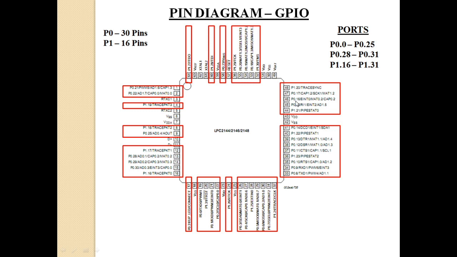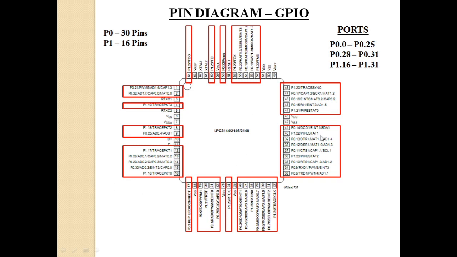Each pin is given multiple functionality. So actual pin number 46 can be configured as general purpose input pin P0.16, or external interrupt pin 0, or match pin 2, or capture pin 2. That means 4 functionalities are multiplexed into a certain pin. Most of the pins have multiple functionality.